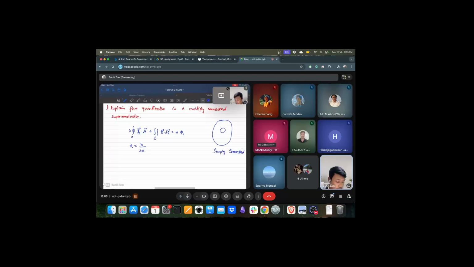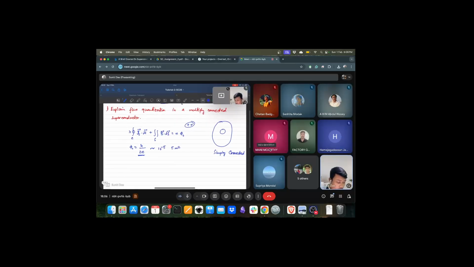So here h by e is usually known as the flux quantum. But for superconductivity it is h by 2e because we have a Cooper pair which consists of two electrons, right? So that's why it is 2e. This is of the order of 10 to the power minus 15 Tesla meter square, I think.